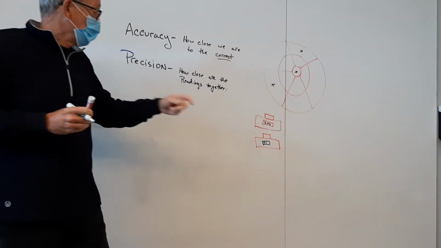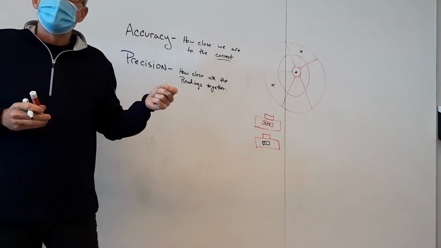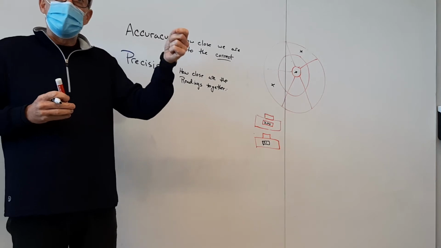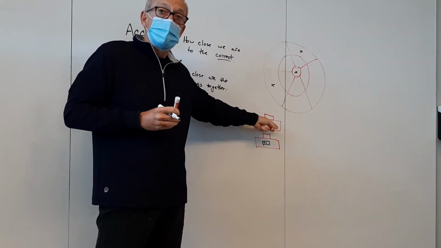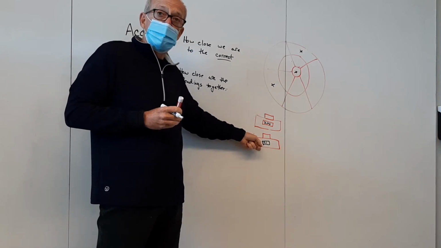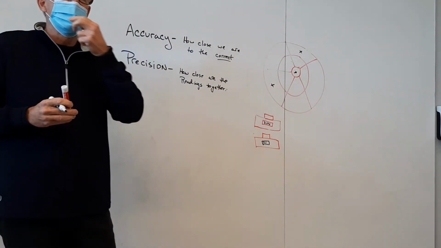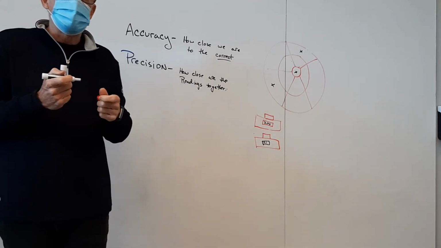Now, 3.114 is much more precise, because if I take a bunch of readings with that, I'm going to get to the hundredths or thousandths place. Whereas the other one is not as precise, because it's only giving me to the tenth, if this is grams. Does that make sense? And that's why it's important.